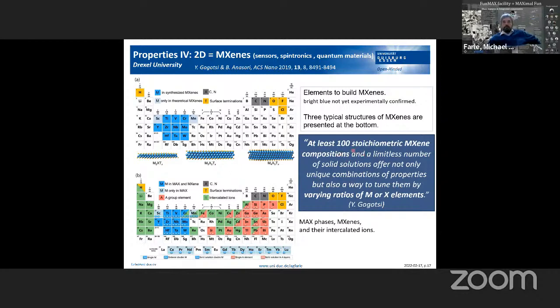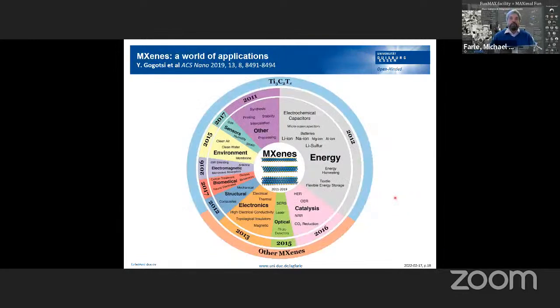Okay, and this is just written here: at least 100 stoichiometric MAXene compositions and a limitless number of solid solutions offer not only unique combinations of properties, but also a way to tune them by varying ratios of M and X elements. So, as I said, it's an exploding field. If anybody wants to work in a futuristic field, go to MAX phases.